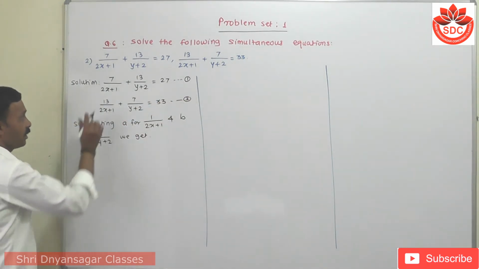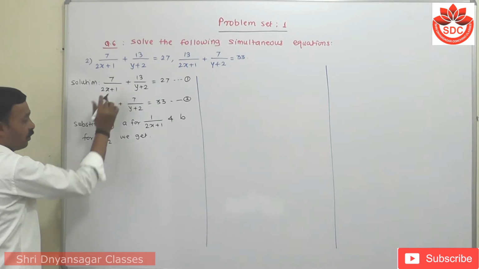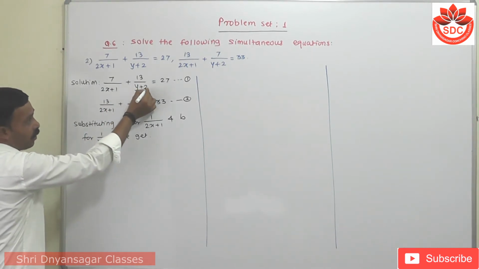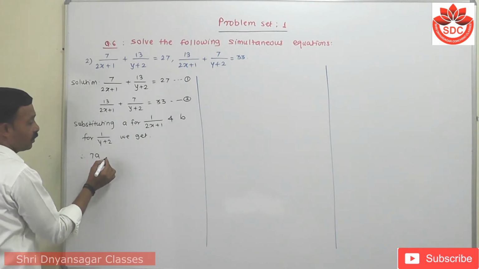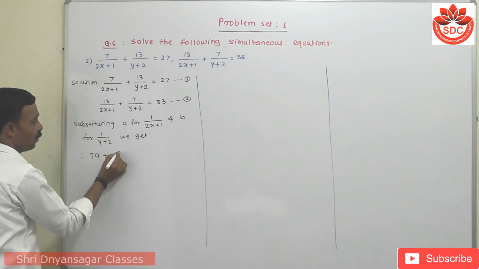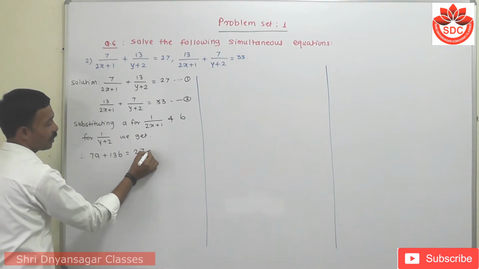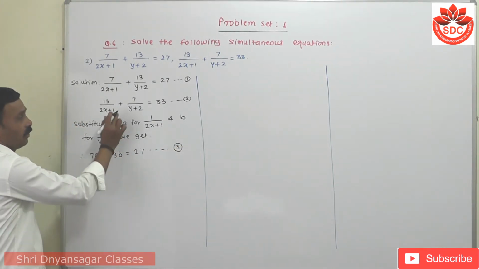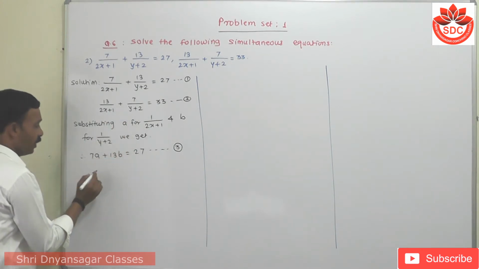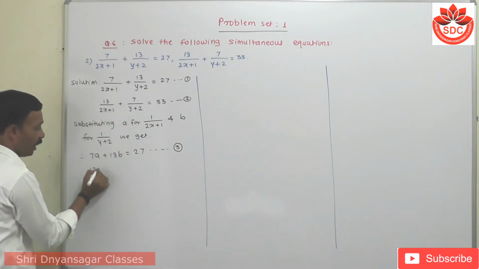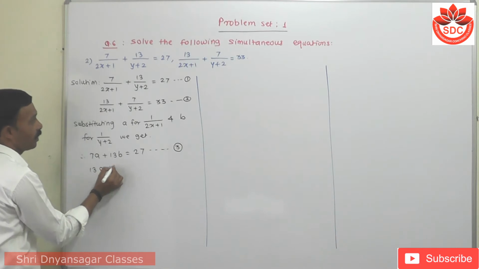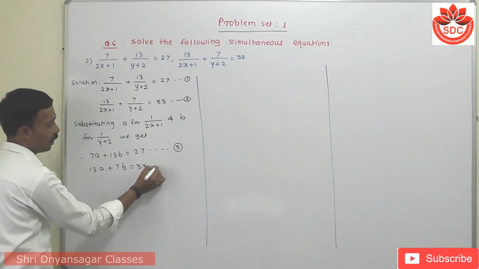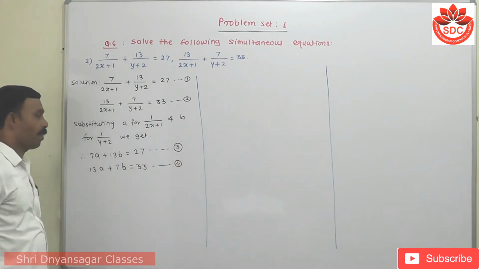This is 7 upon this value, means 7a, plus 13 upon y plus 2 means plus 13b is equal to 27. Let this be equation number third. Then by substituting, we get 13 into a plus 7 into b is equal to 33. This is equation number 4.